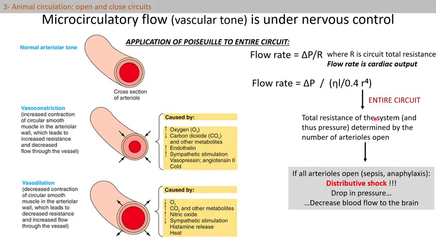So if you apply Poiseuille's law to the entire circuit, you realize that you cannot open and vasodilate everywhere because you would lead to a drop in pressure. So what has to happen is that vasoconstriction and vasodilation need to be regulated, and when you vasodilate and bring more blood to one sector of the circuit, you need to vasoconstrict and bring less blood to another one.